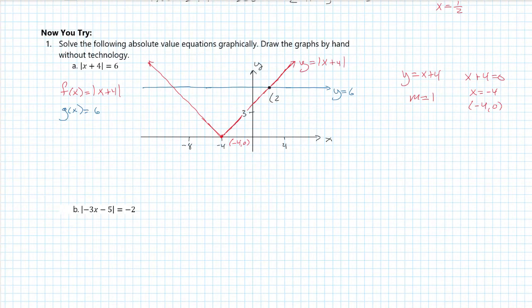We have one at 2 comma 6, and we have another one at -10 comma 6. So from this, we can see that the x values of these intersections are -10 and 2, and so those are the solutions to the equation. We write the solution set is the set containing -10 and 2.